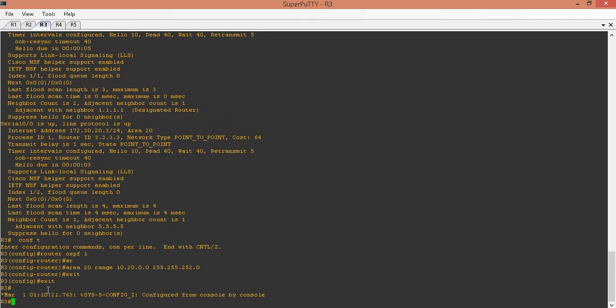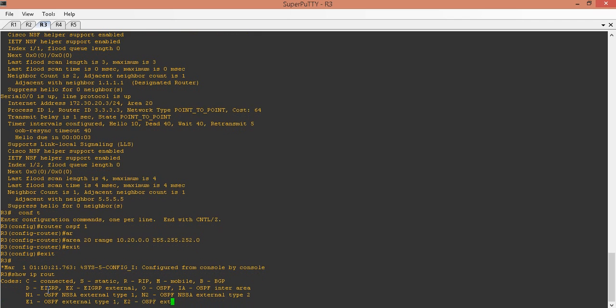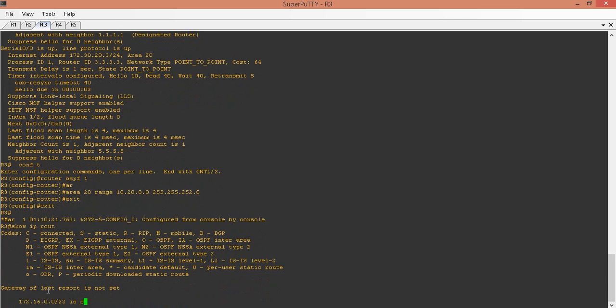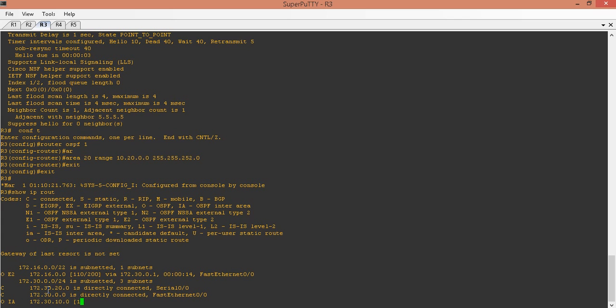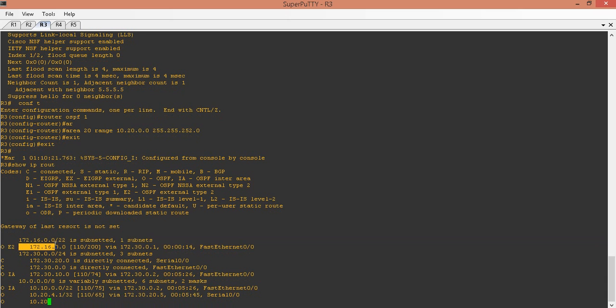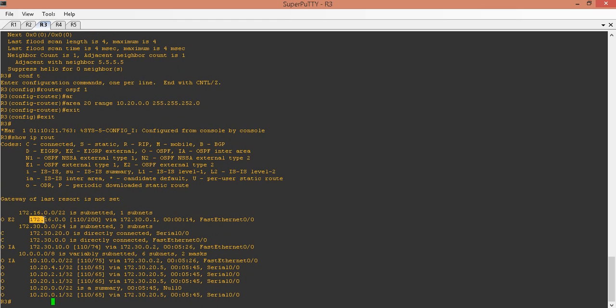Let's go to router 3 and confirm that. So IP route, we should be seeing only the summarized route from the static route, and the metric should be 200. Let's see. You see it here? 172.16.0.0/22 is subnetted, one subnet, and it is here as E2, and the metric is 200.